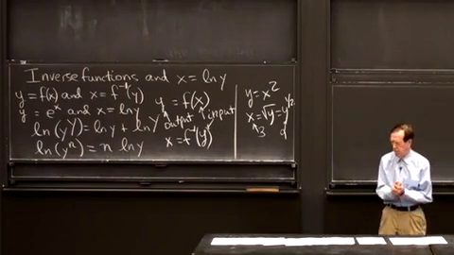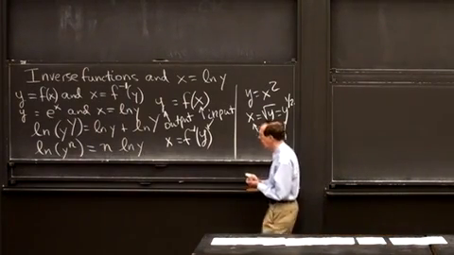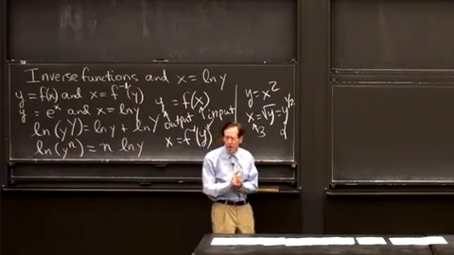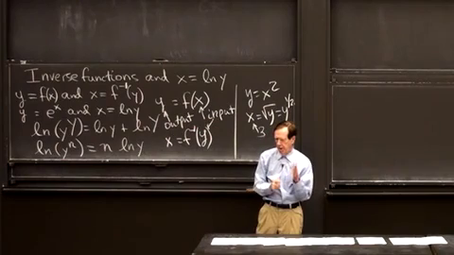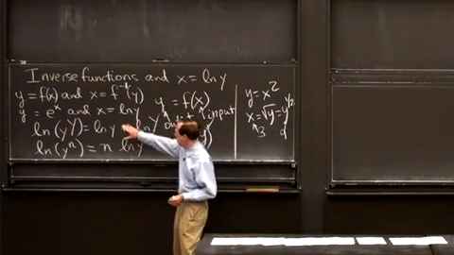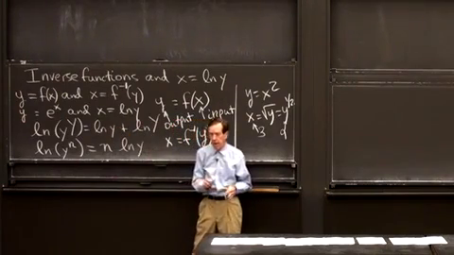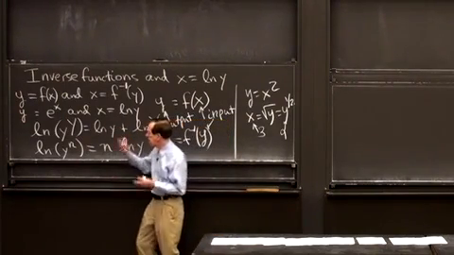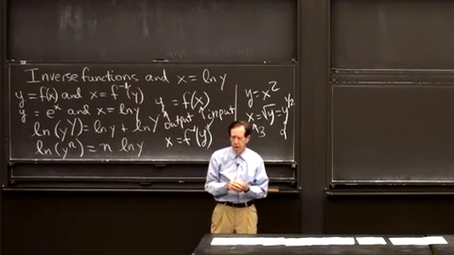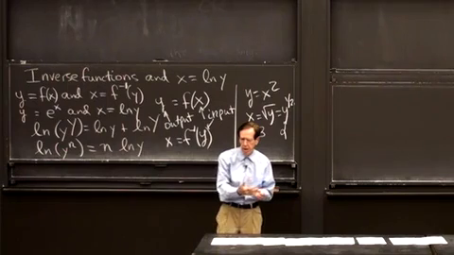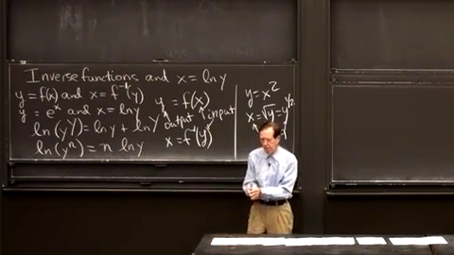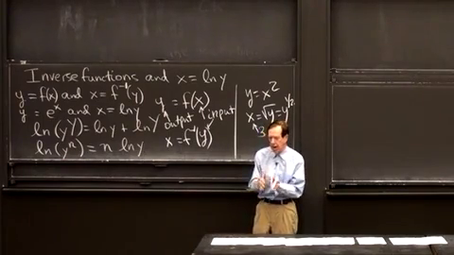Okay, let me do some more examples before I come to the reason for this lecture, which is the exponential and the logarithm. And let's just look ahead to what will come near the end of the lecture. We know facts about the exponential, e to the x, and those facts, when I look at the inverse function, give me some different facts, important facts still, about the logarithm.